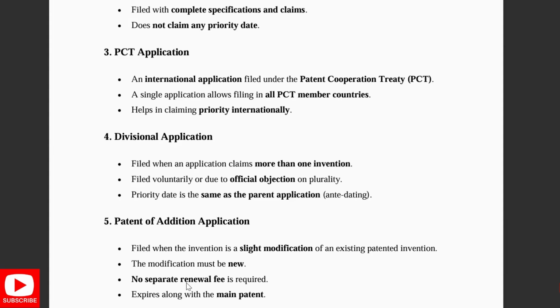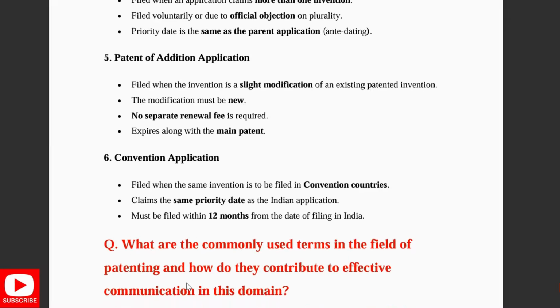Divisional application, this is for more than one invention by a single applicant and is filed voluntarily or due to an official objection. So this date is the same as the patent application. Patent of addition application. This is filed when the invention is a slight modification of the existing patented invention. This modification must be a new one.